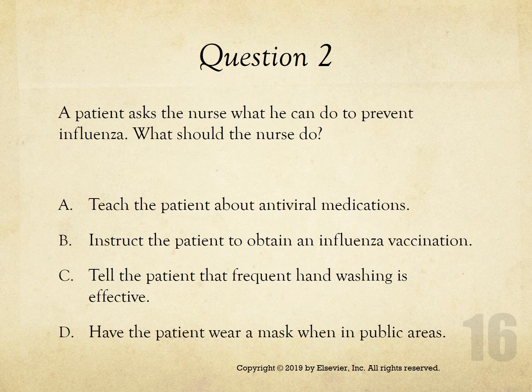The patient can opt to wear a mask in public places, especially at the height of the flu season, because windows are closed, people are staying indoors more. You can teach the patient about antiviral medications for the influenza in case they know they have an exposure or if they start to get symptoms, but the best protection is to get the vaccine.